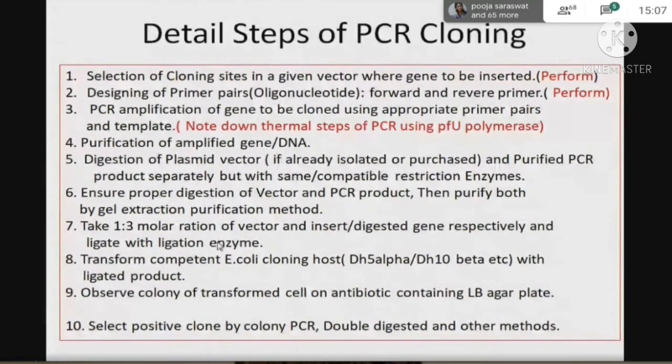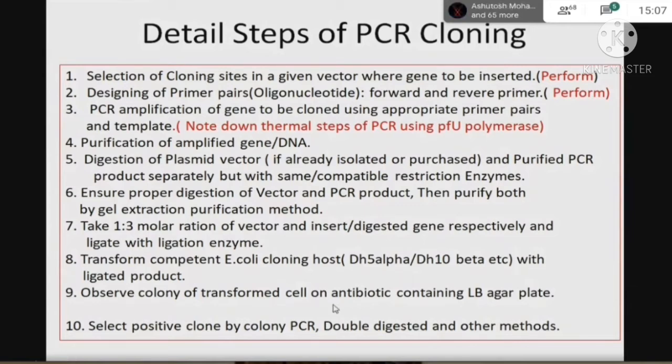After transformation, we spread the transformed E. coli onto an antibiotic-containing plate and keep that plate in a 37 degree centigrade incubator, so that overnight, next day when you come, you will see several colonies on the plate. If you are doing blue-white screening, then you will get some blue colonies and some white colonies. So, overnight incubation.